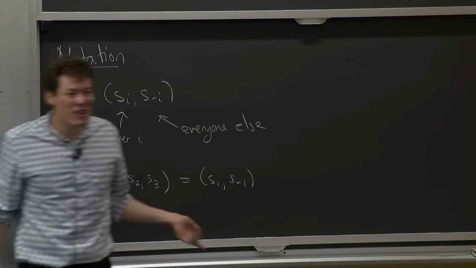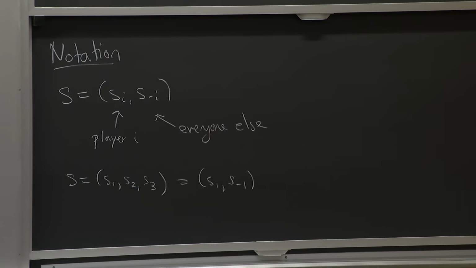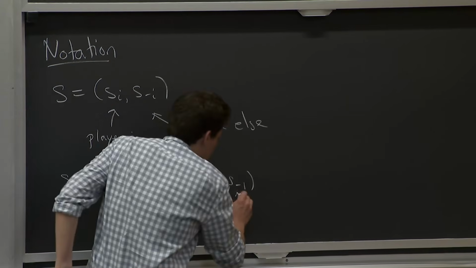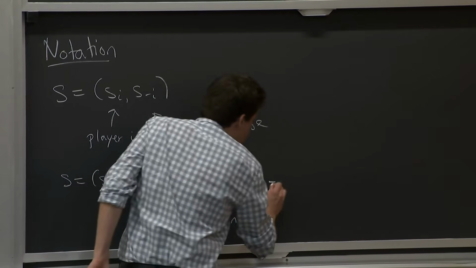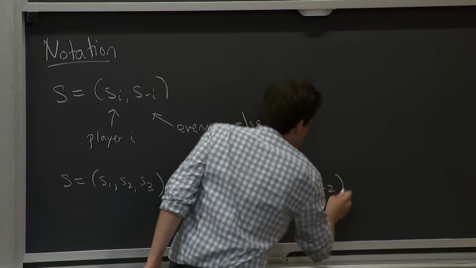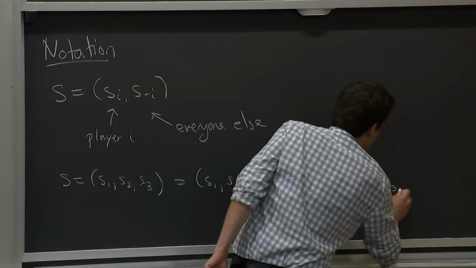Here, -1 is not really the number -1. What we mean is not player 1. So think of the minus here as 'not' rather than minus. But then there's another way we could write this. We could write it as (s2, s_-2), or as (s3, s_-3).